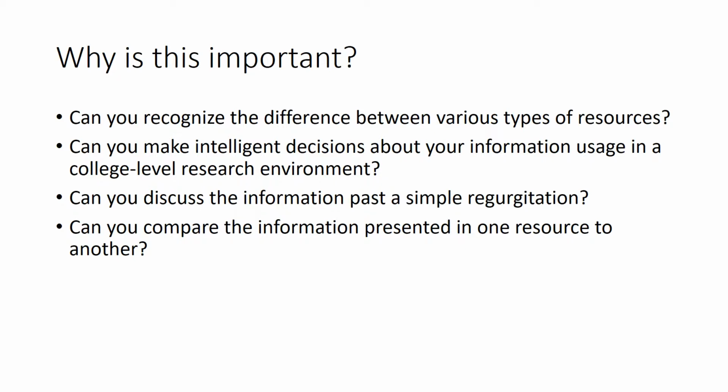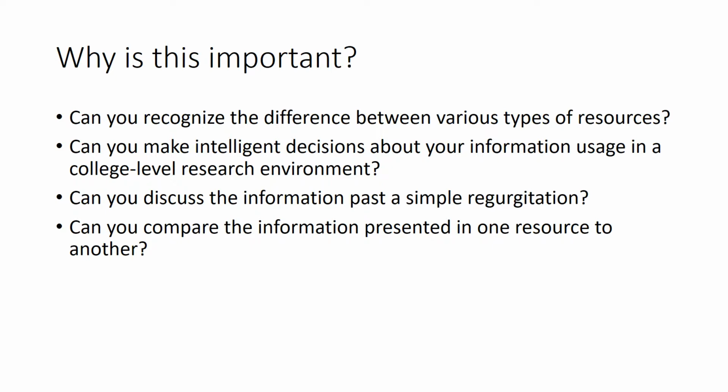And if you can pull out and put in all the proper parts of a resource into a citation format, that also is telling. You know which piece is the article title, you know which piece is the journal title, you know which piece is the author, and you know where those all go. Next is, can you make intelligent decisions about your information usage in a college level research environment?